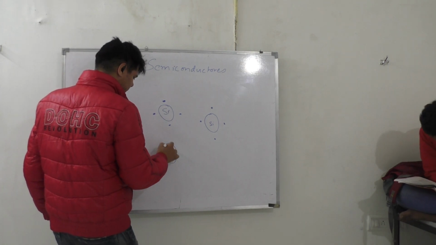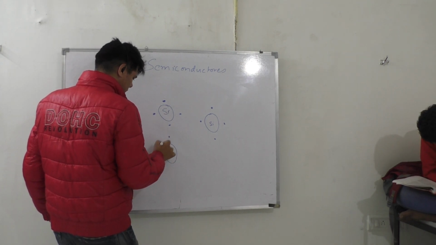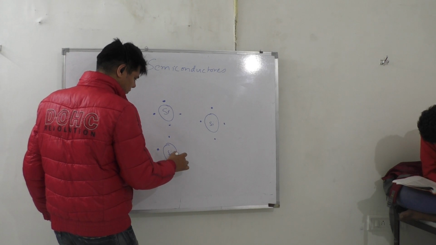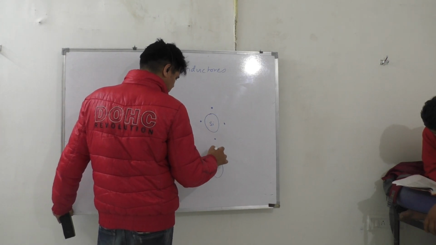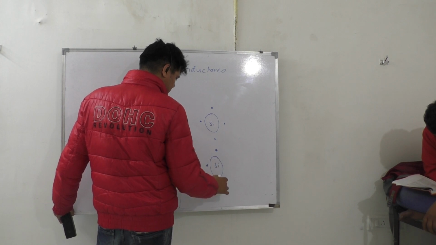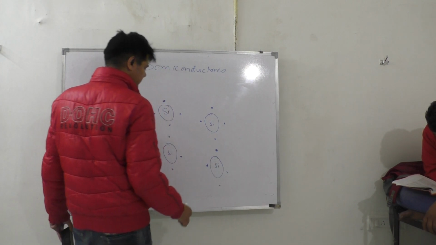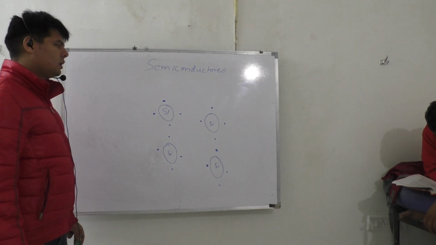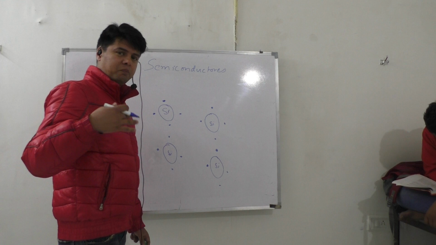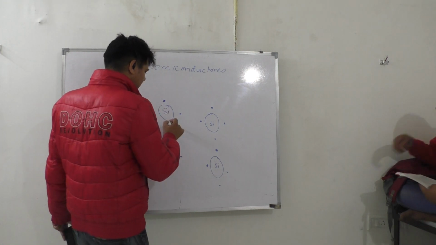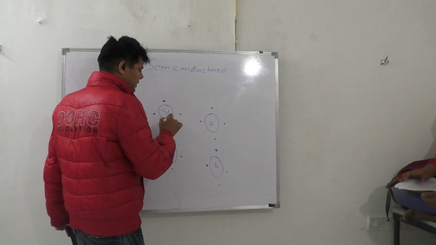Another atom, 1, 2, 3 and 4. Now, for complete bonding, these electrons will be mutually shared with the other atom.